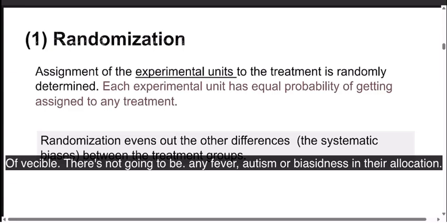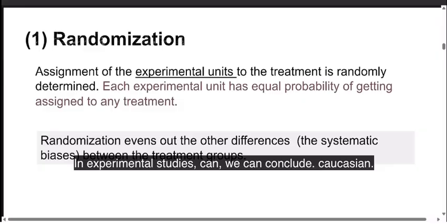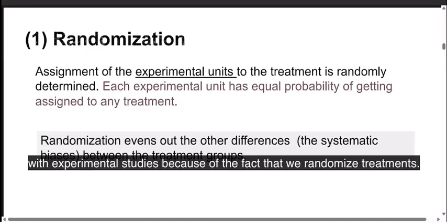There's not going to be any favoritism or bias in the allocation. So that is what we mean by randomization. Let me tell you this. The reason why we can conclude causation with experimental studies is because we randomize treatments.